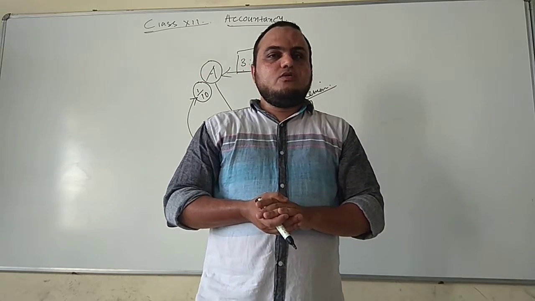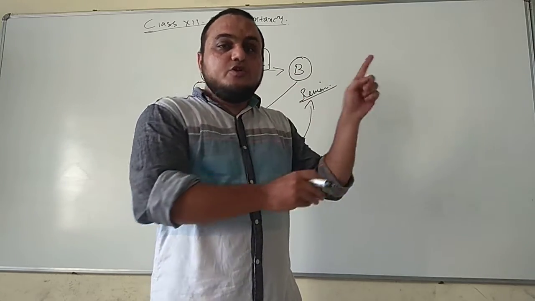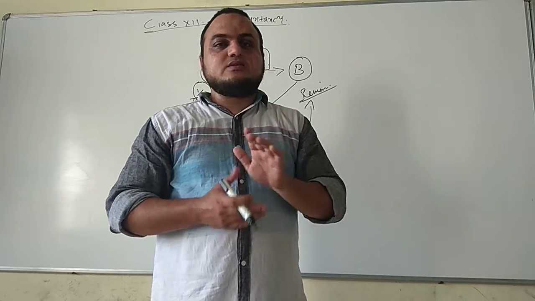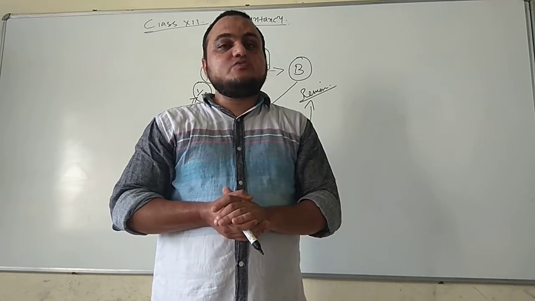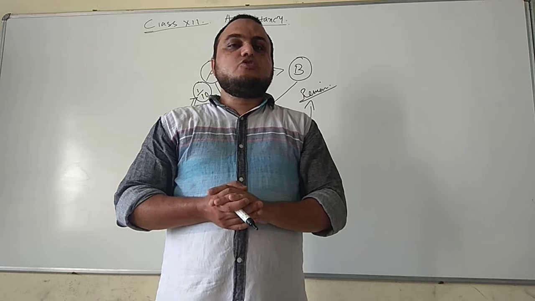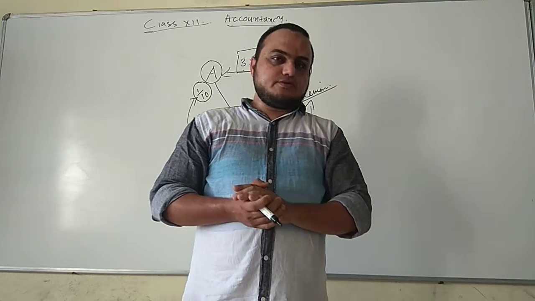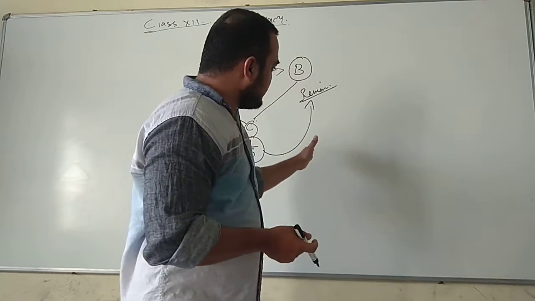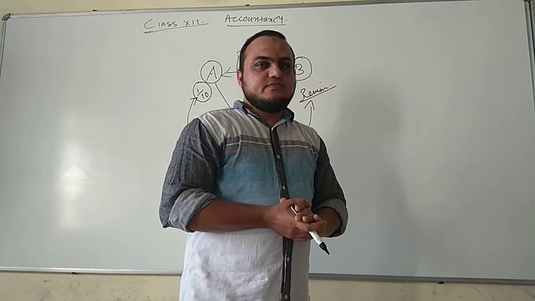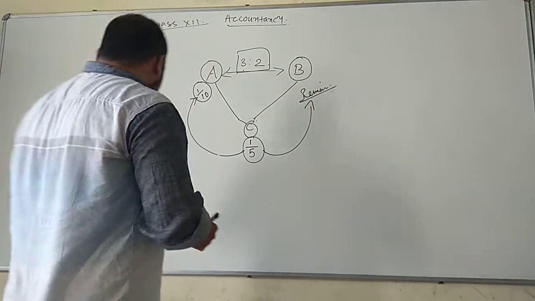How? Total share of a new partner minus share sacrificed by one partner, so you will get the share sacrificed by another partner. So similarly we have to find out the same thing here. Let me calculate here.